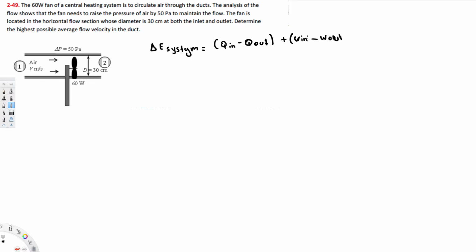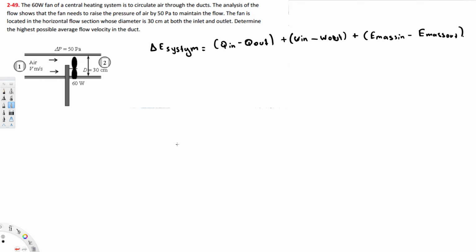So this is added work, and the work done by the system, and then plus E mass in, E mass out. So this is work due to the mass. So these are the energies that are going to be in the system.